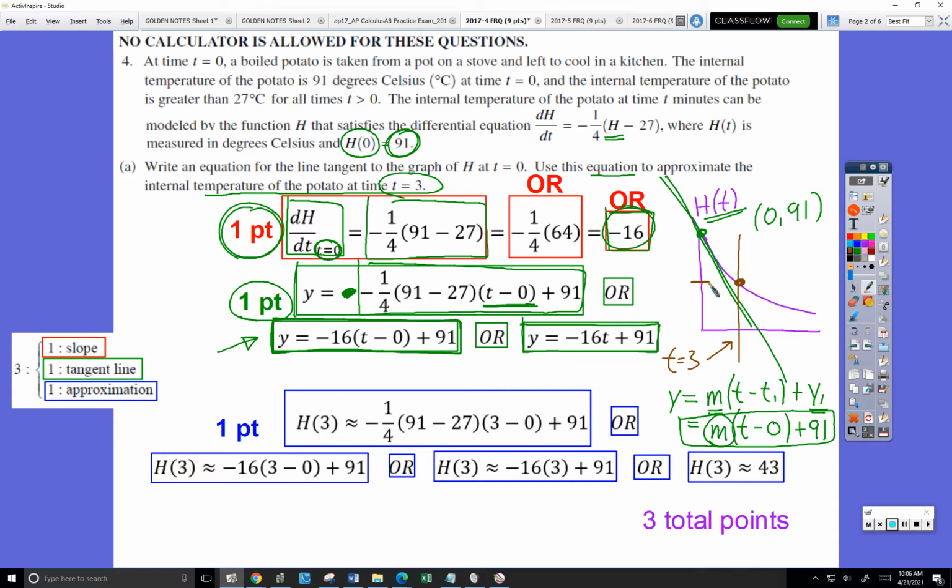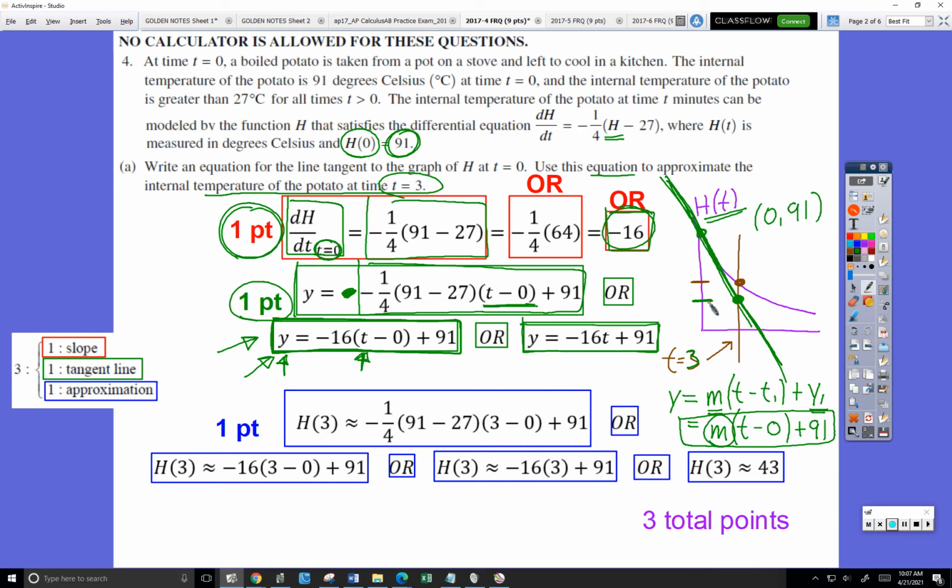But we're supposed to approximate this y value by finding this y value. So the slogan is, I can take this equation and I can plug in any time and I can find any y coordinate on this line. Or I could do it the other way around if necessary. I could plug in a y coordinate and find the time that corresponds. So I'm going to plug in time equal 3. That's going to give me this y value.